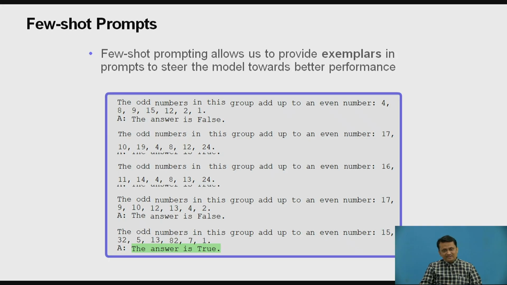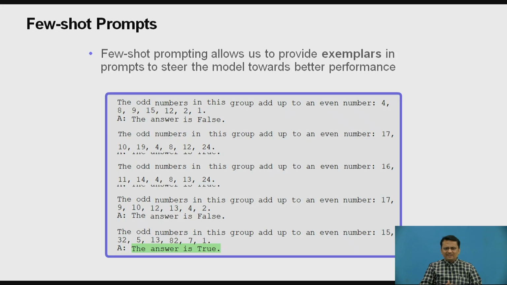And then at the end you ask the LLM model with some different numbers, like 15, 32, 5, 13, 82, 7, 1. And the model will learn from these few shot input prompts given earlier. Because here, if you look at the numbers, I want to add the odd numbers, so 15 added with 5, the result will be 20, added with 13, the result will be 33, added with 7, 40 will be the result, and then adding 1 to it, 41 will be the result.